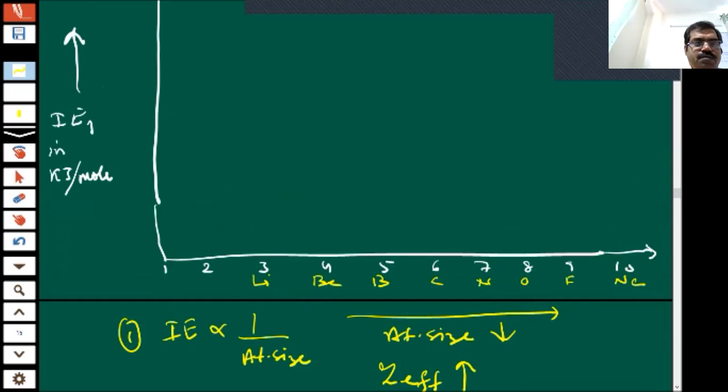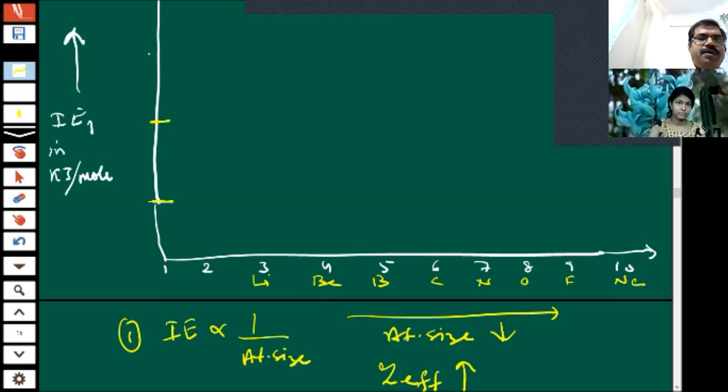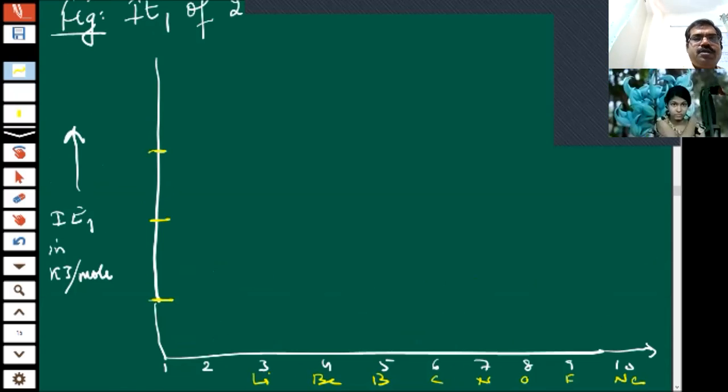First of all, this one, after that this one, after that this one, and after that this one. So this one is 1000, this one is 1500, this one is 2000 kilojoule per mole, this is 2500 kilojoule per mole, like this.